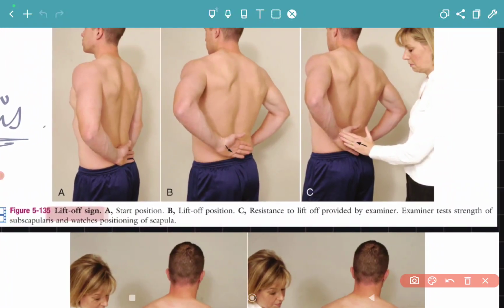So here we can appreciate the dorsal surface of the hand is touching the back, and now we are asking the patient to lift it off. And also in the third picture we can see the therapist is resisting the patient's movement.